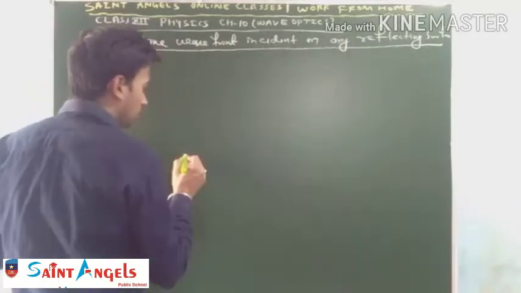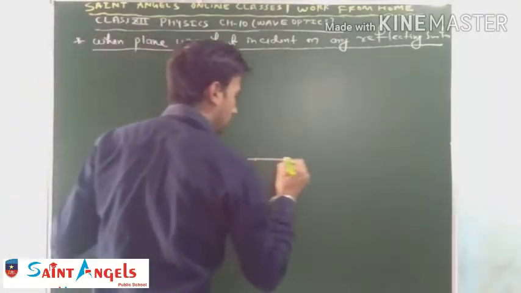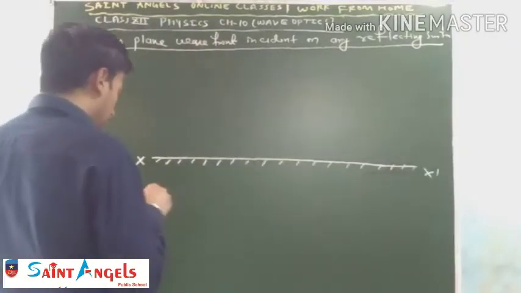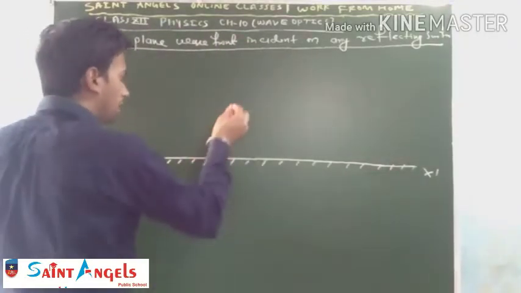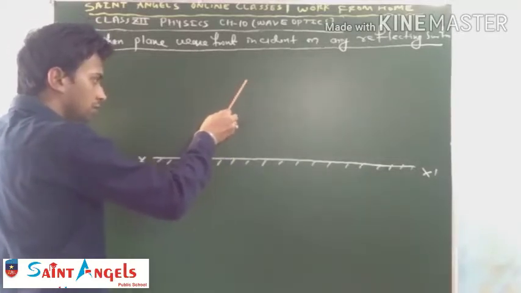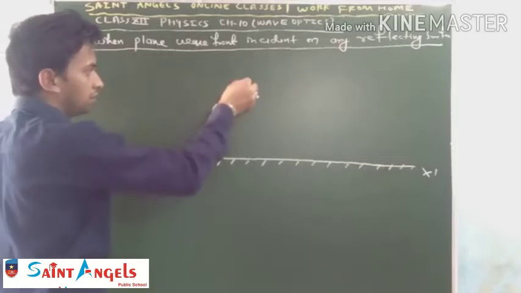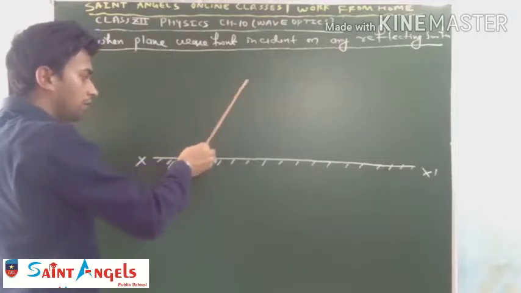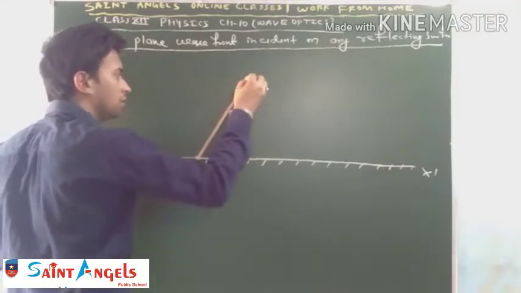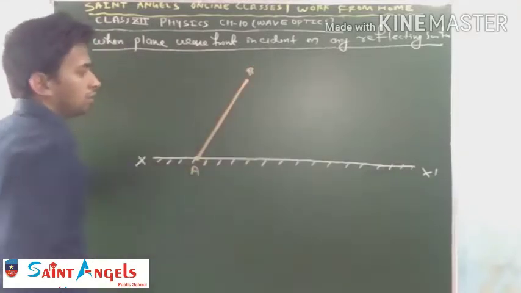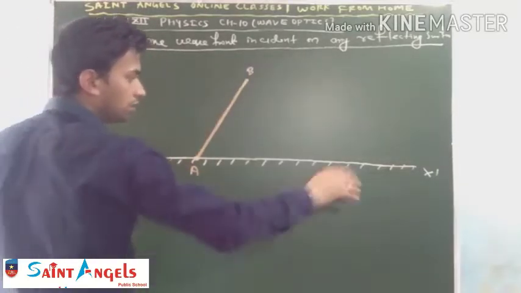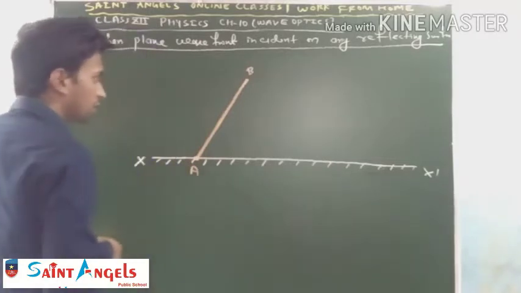Student, firstly consider this is a reflecting surface. Now, a plane wavefront, this is a plane wavefront AB, incident on this mirror, on this reflecting surface.